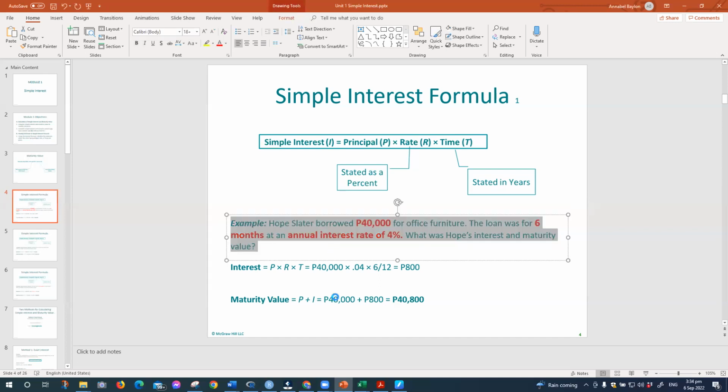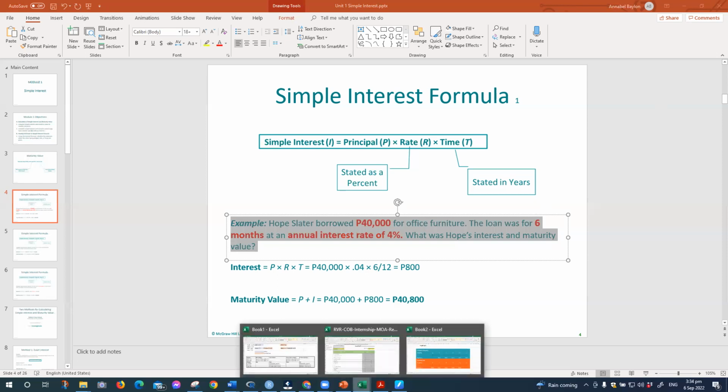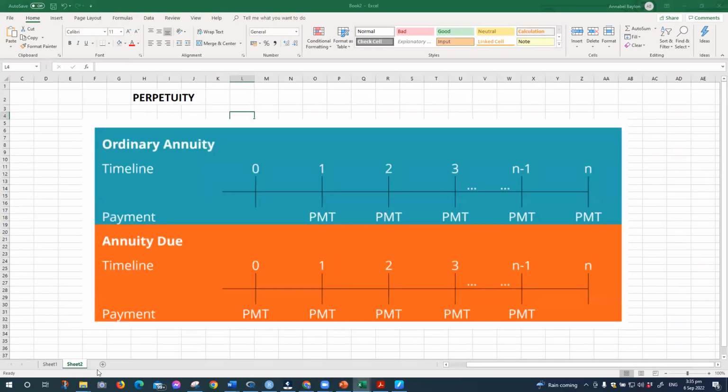So let's copy this, lagay natin sa Excel. Doon tayo sa Excel magano, kasi hindi ko naman mapapakita yung calculator sa inyo. Let me just use this.